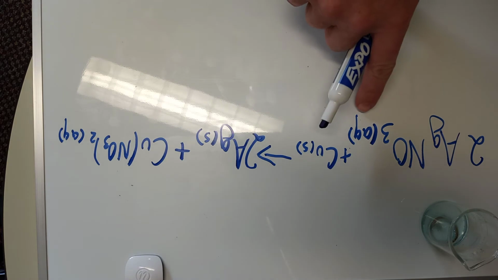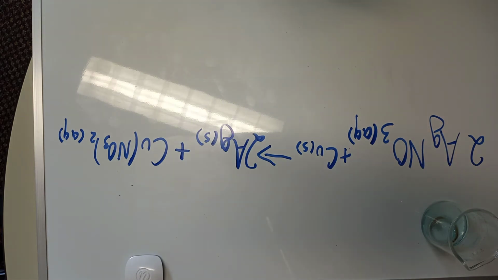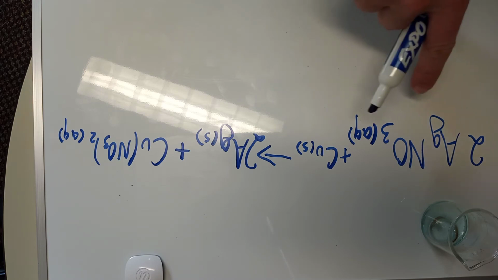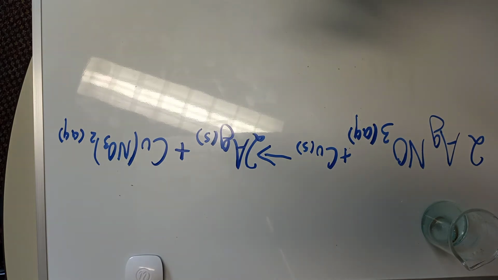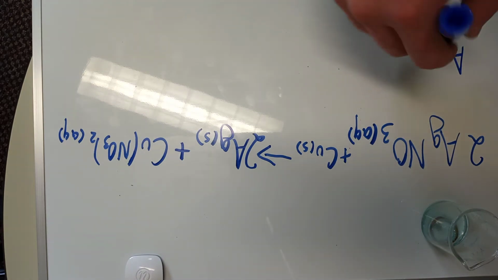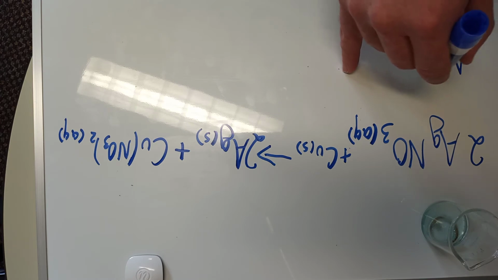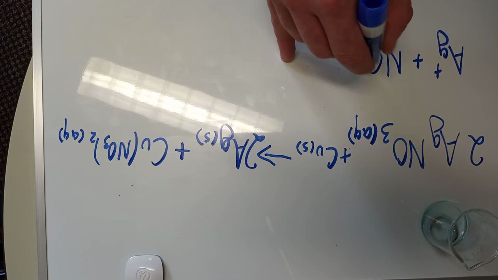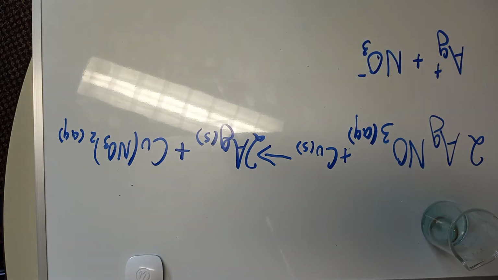So we put aqueous on this guy, but remember, we just showed you when stuff dissolves in water, when it's aqueous, it's not all together as one formula. It actually splits into two formulas. So in reality, the water splits up the Ag and the NO3 into Ag plus and NO3 minus.